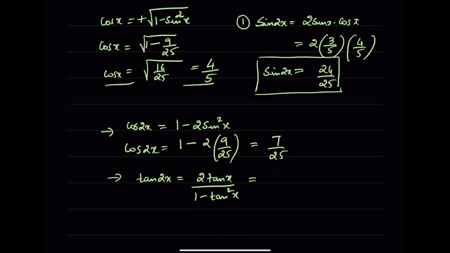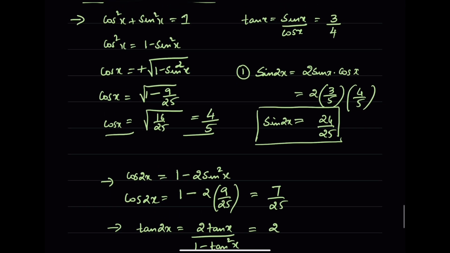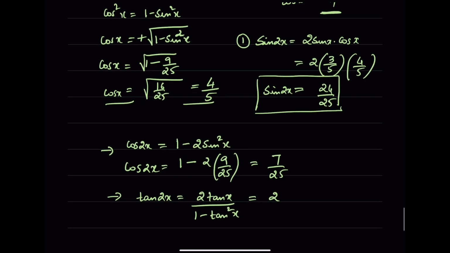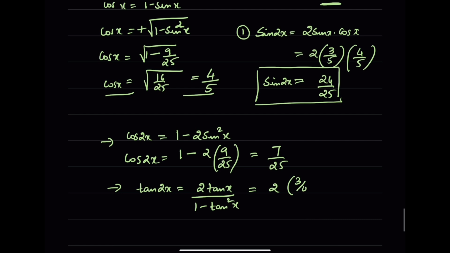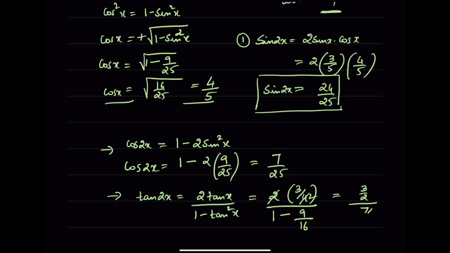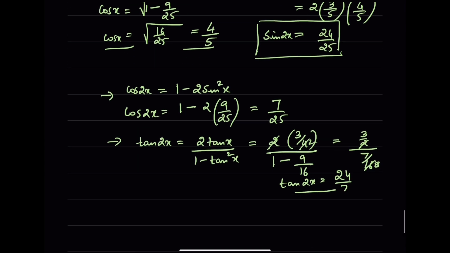In this case we will have 2 times tan x, which we found as 3 by 4, so this will be 2 times 3 by 4 divided by 1 minus tan square x, which is 9 by 16. So we can reduce this fraction. This will be 3 by 2 divided by 7 by 16, and we can reduce this to tan 2x is 24 by 7. So this is the application of the tan 2x formula.